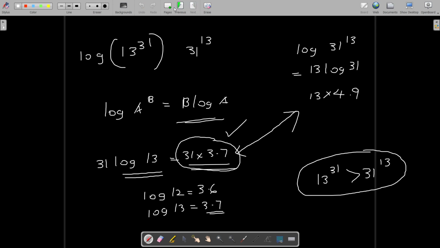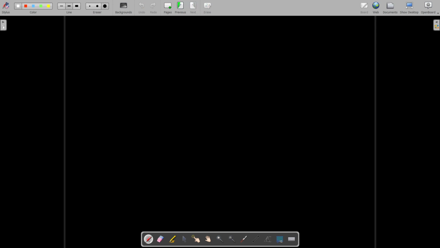Hope you guys have done it. Now the question was to compare between 16 raised to 24, 24 raised to 16 and 32 raised to 10. Taking log of all these values, first thing is 24 log 16. 24 log 16 is 24 into 4, which is equal to 96. Second one is 16 log 24.